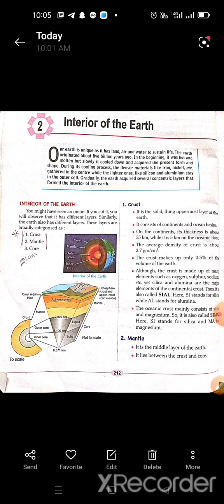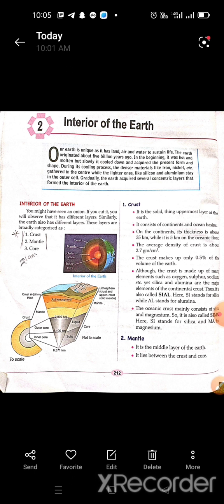So we get many minerals and other elements from the earth crust, but the main elements are silica and aluminium. The oceanic crust mainly consists of silica and magnesium, so it is called SiMa. So the continental crust is called SiAl, which means silica and aluminium, and the oceanic crust, which consists of silica and magnesium, is called SiMa.